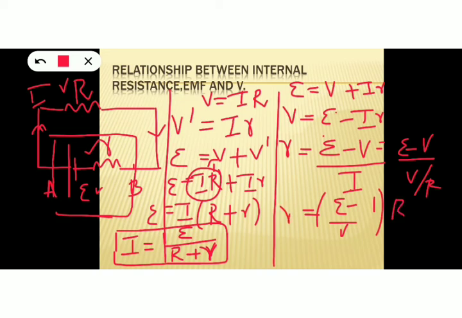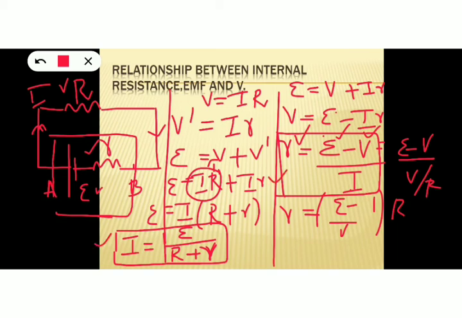So you will get r equal to E minus V by V by R. And when you simplify this expression, you will get r equal to E by V minus 1 into R. Okay, so these are the different expressions for internal resistance. Anyway, you must remember this expression for internal resistance, which is the relationship between internal resistance r, EMF E, and terminal potential difference V.